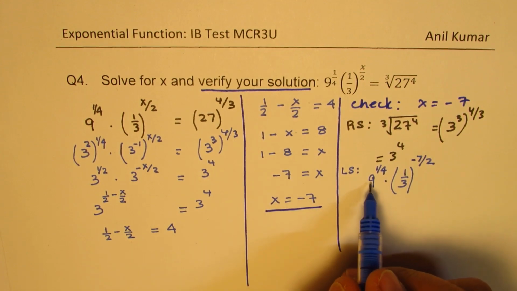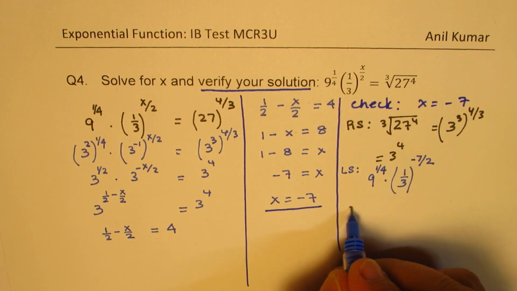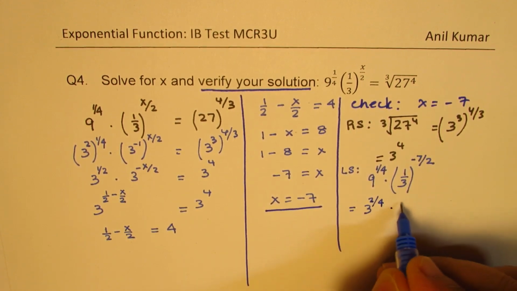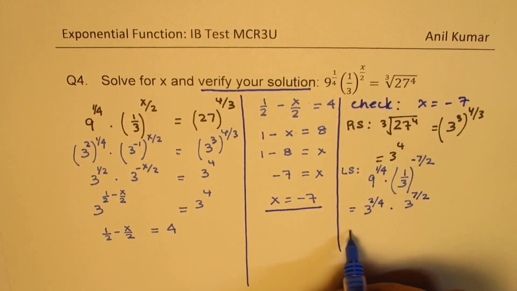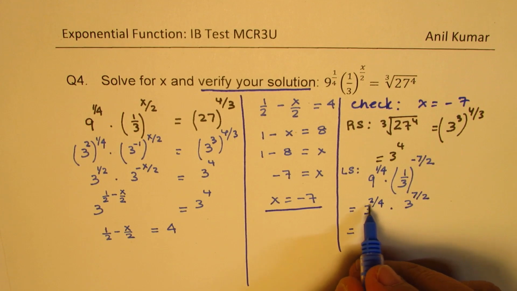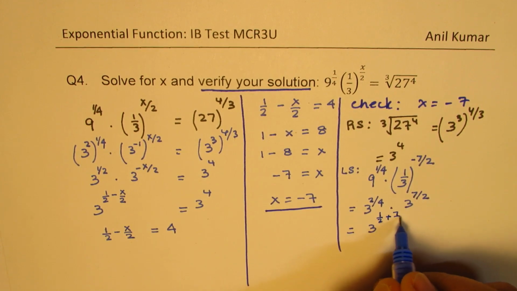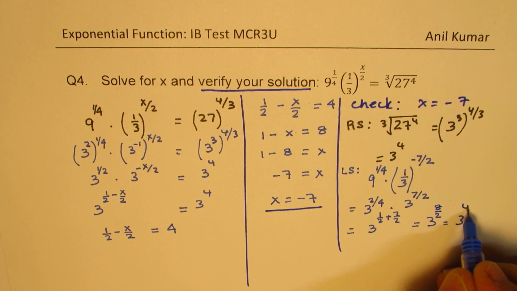It's a good idea to write 9 as 3 squared as we did, right? So we get this as 3 squared to the power of 1 over 4 times, this becomes 3 to the power of 7 over 2. Now that is half as we saw here. So we get this as 3 to the power of half plus 7 over 2, which is 3 to the power of 8 over 2, right? Which is the same as 3 to the power of 4.